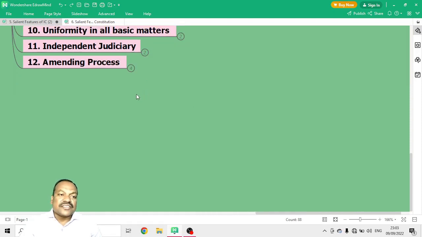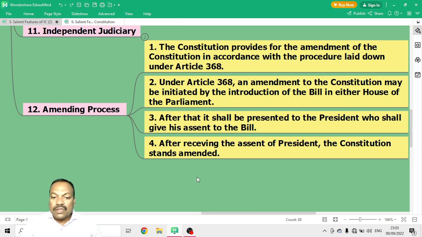The next characteristic is the amending process. As earlier we have discussed, under Article 368 the process of amendment is carried out. So, our Constitution provides for amendment of the Constitution in accordance with the procedure laid down under Article 368.